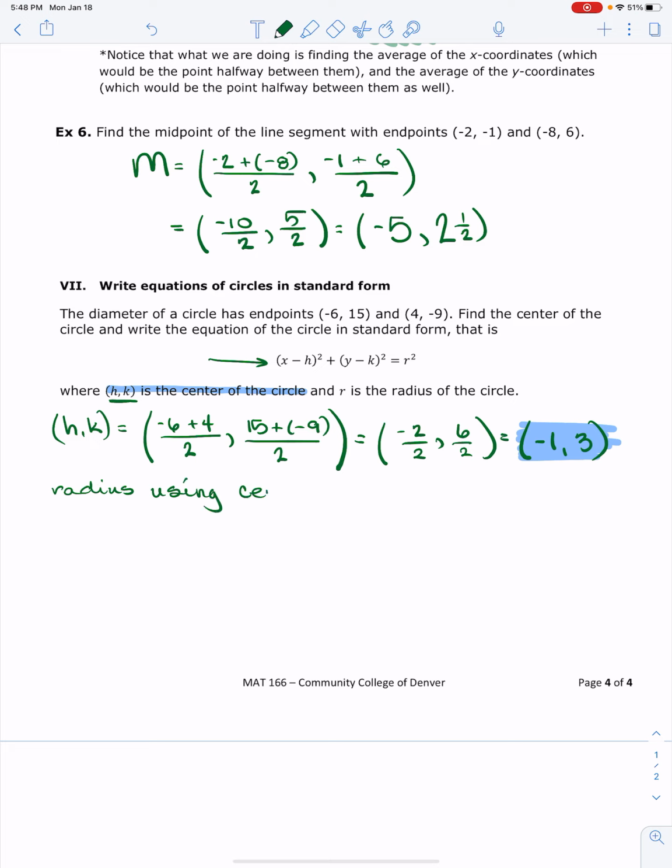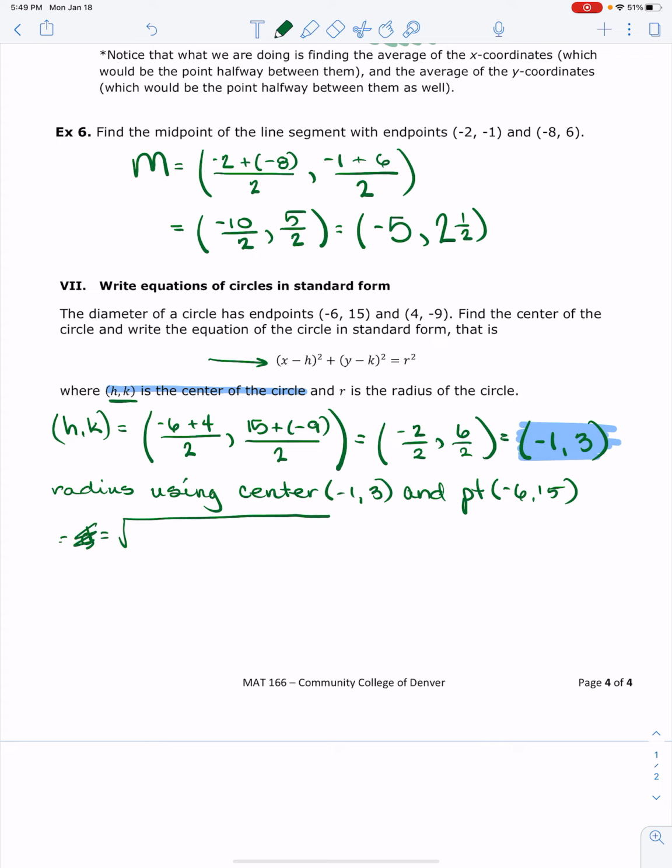Using our center, which we said was (-1, 3), and the point on the circle, which one do I want to use? (-6, 15)? Sure, let's use that one. (-6, 15). Okay, and so we write this as the distance formula.